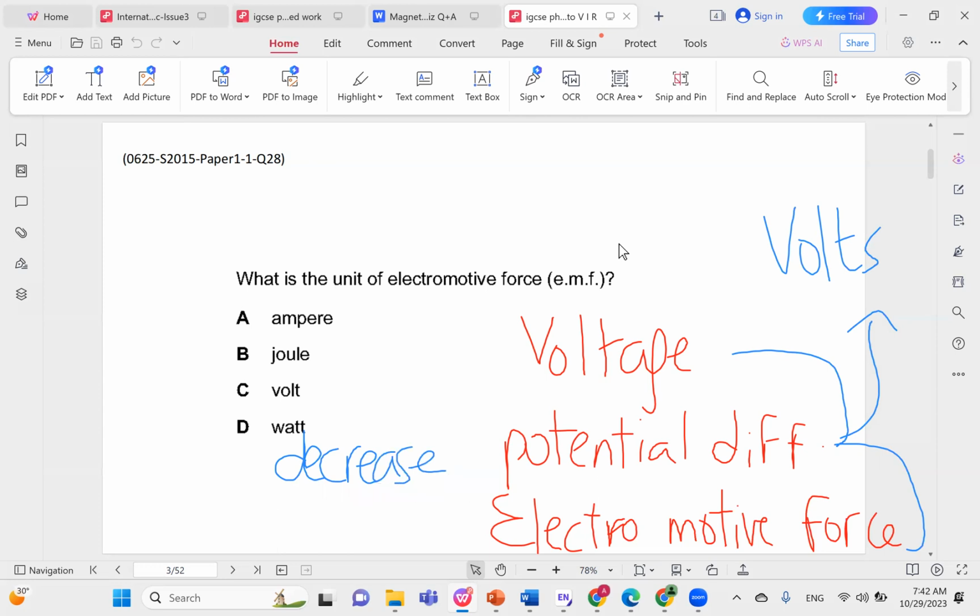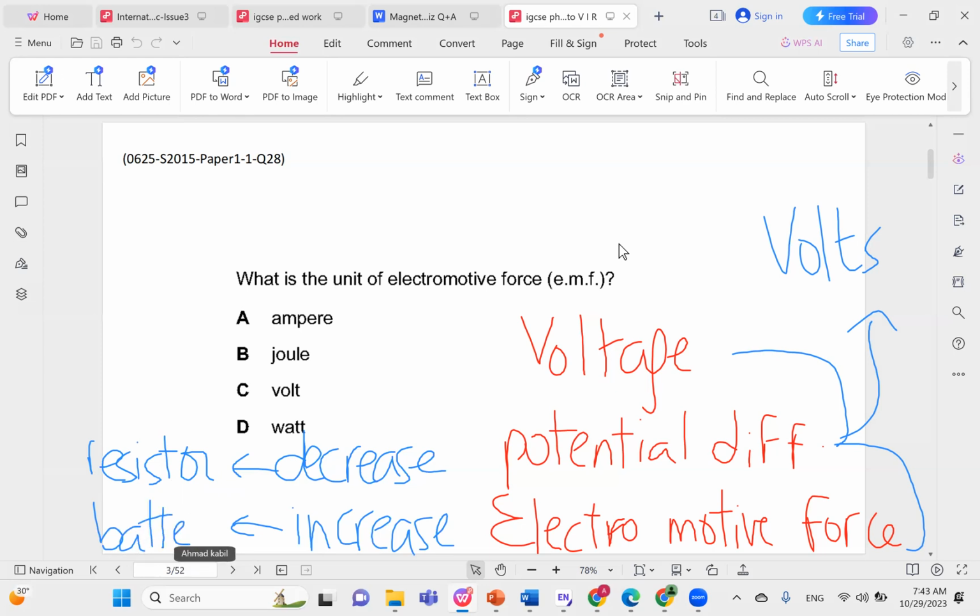Whereas electromotive force is an increase in voltage as the charges pass through the battery, for example. So this is what happens when current or charges pass through a resistor, and this is what happens when they pass through the battery.